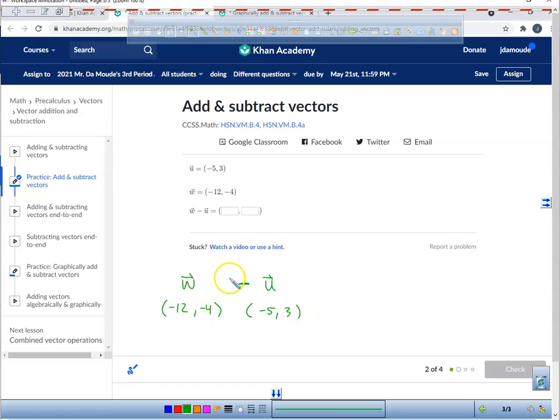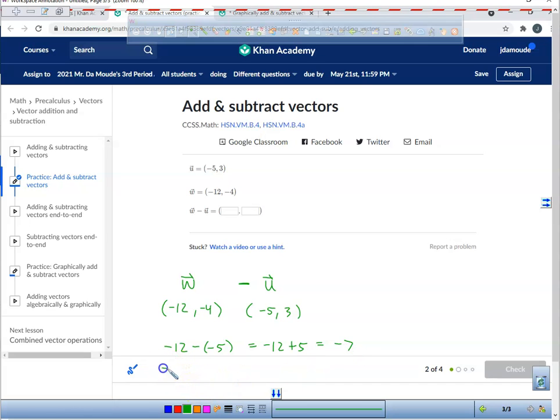Please make sure you know the order. Order matters, not when you're adding, but when you are subtracting. So we have to literally take the -12, take away a -5, which becomes -12 plus 5, which is -7.